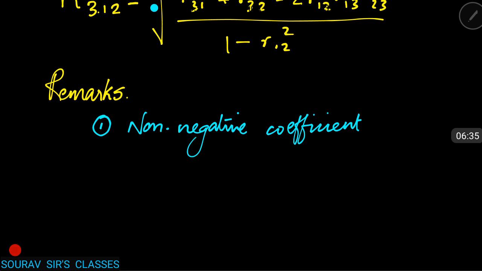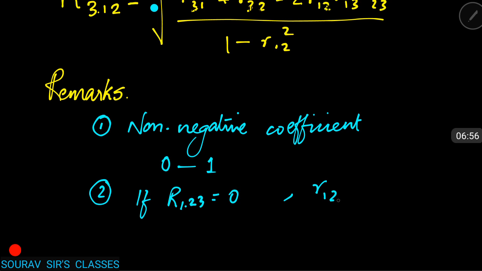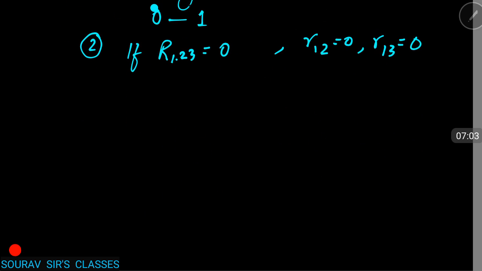Its value ranges from 0 to 1. It cannot assume a minus value. Number 2: if R1.23 is equal to 0, then R12 will be equal to 0 and R13 will be equal to 0 respectively.